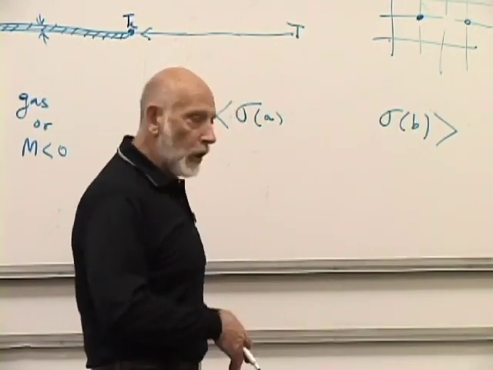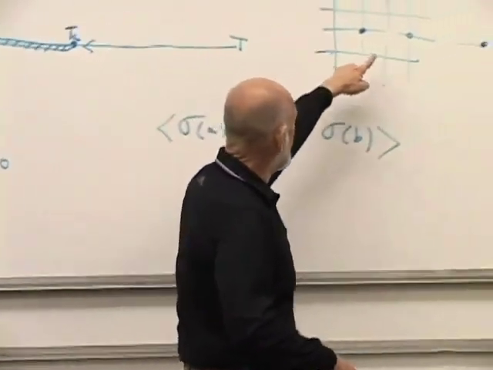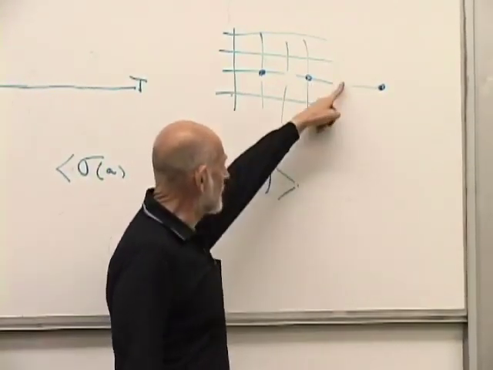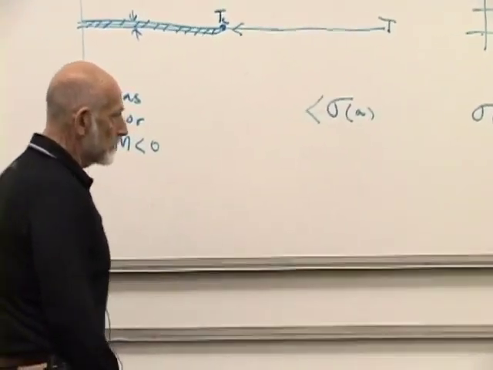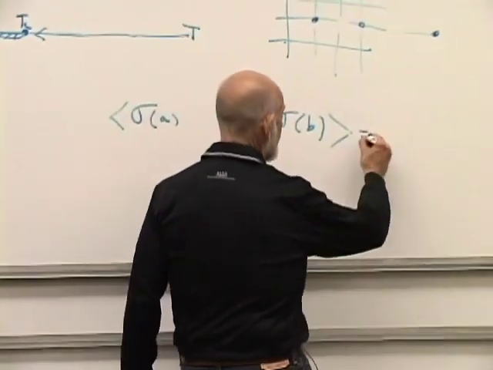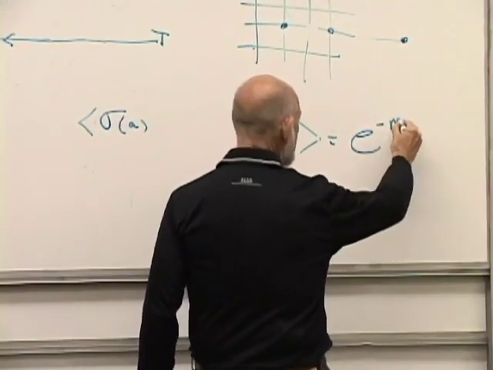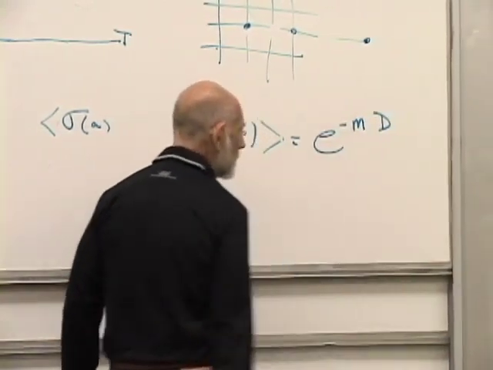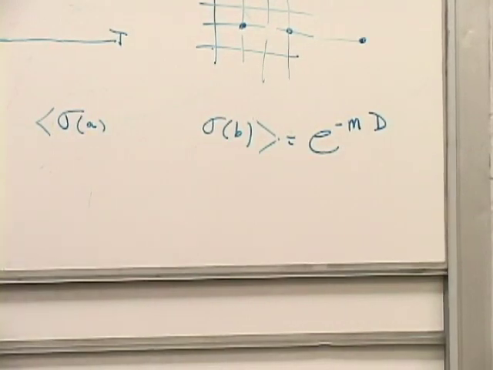If each time you lost, let's say, half the correlation, if the correlation between nearest neighbors was a half, and second nearest neighbors was a quarter, third nearest neighbors was an eighth, and so forth, you might expect that this would behave like e to the minus some parameter m times the distance between them. Let's call the distance between them d. Distance means number of lattice sites between them.